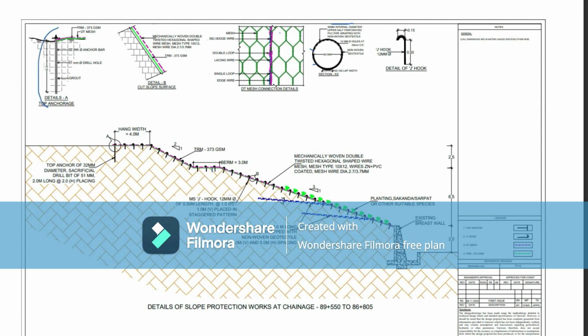Here the top anchor is provided to fix the mat, 2 meters long with a 51 mm diameter drill hole and a 32 mm bar. First the hole is drilled, the bar is placed into the hole, and they grouted the hole and fixed it.